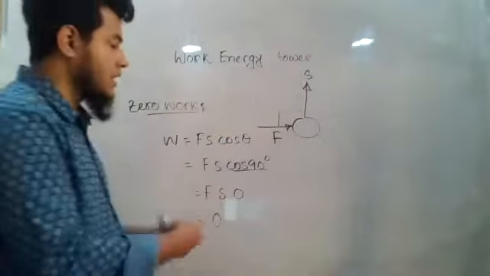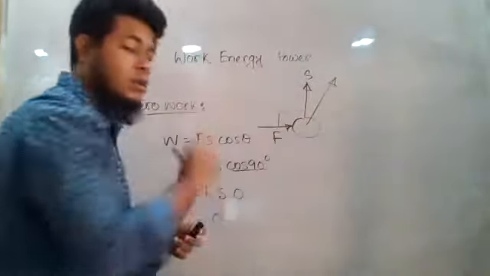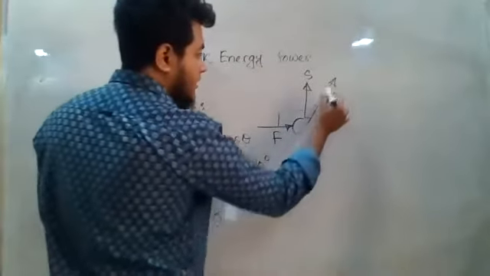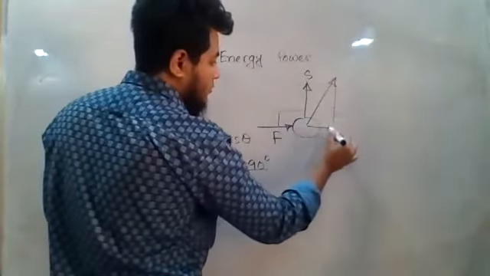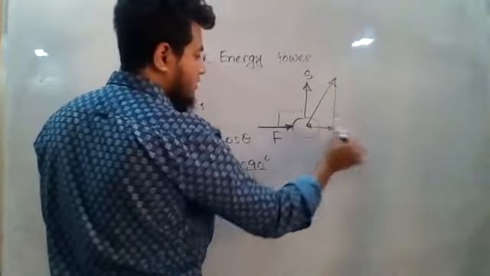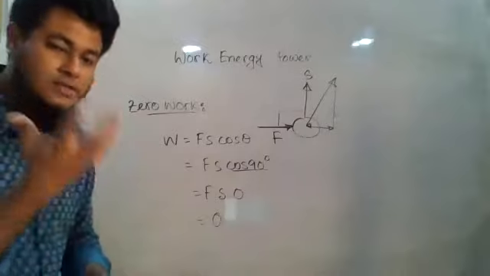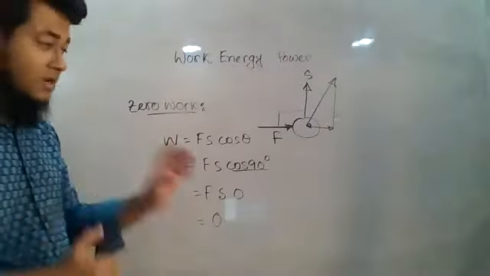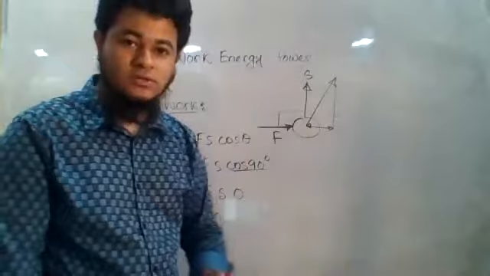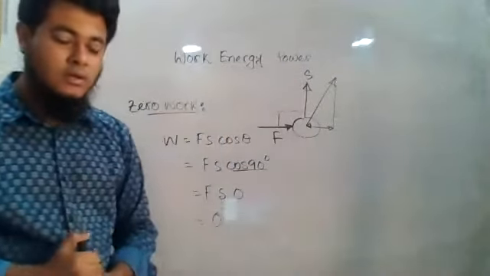Okay, notice, if it had moved a little bit in this direction, then we could have said that we are doing some work, because when it goes from here to there, you see it is covering some horizontal distance. That means along the direction of force it has covered some distance, so then we could have said that it has done a small amount of work at least. But now the condition is it is just going in the vertical, upward direction, so you cannot say at all that some work has been done. Clear?